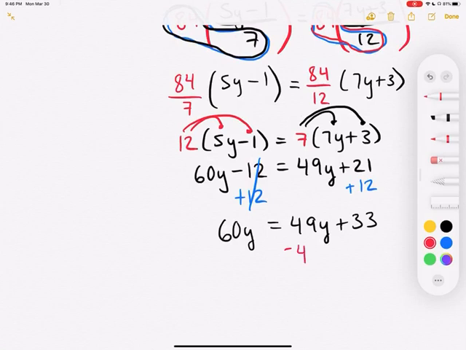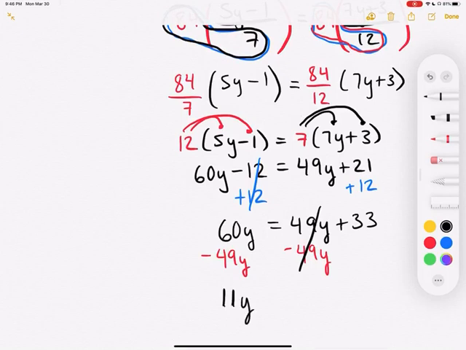So minus 49y. On the right, minus 49y. On the left side, this is going to cancel out the 49s on the right side. I can easily do the subtraction. Over here, this is going to be 11y.